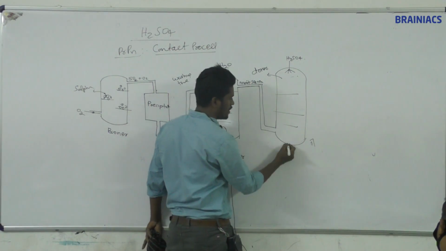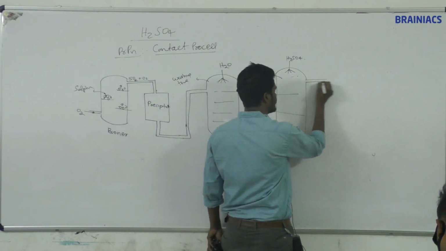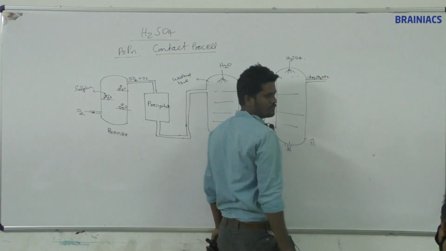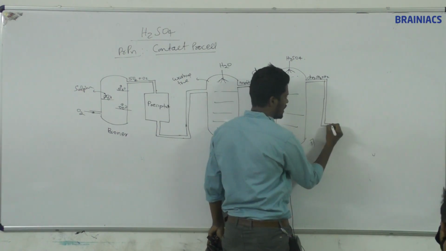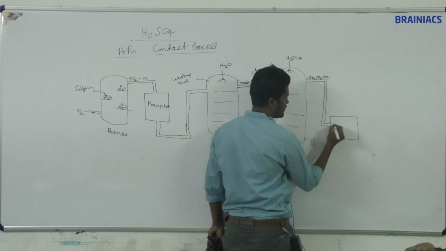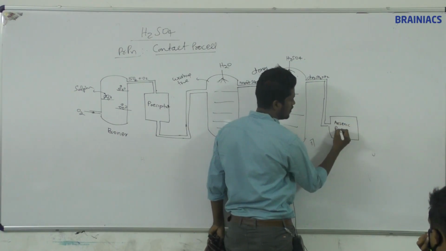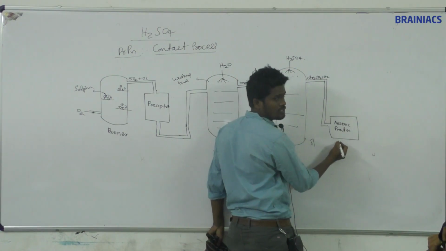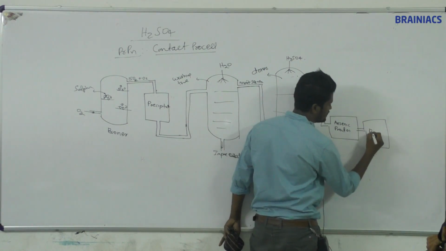The remaining impure acid comes out. The product here is dry SO2. For the final process it passes through an arsenic purifier, which contains a gelatinous precipitate of Fe(OH)3, and then goes to a preheater.